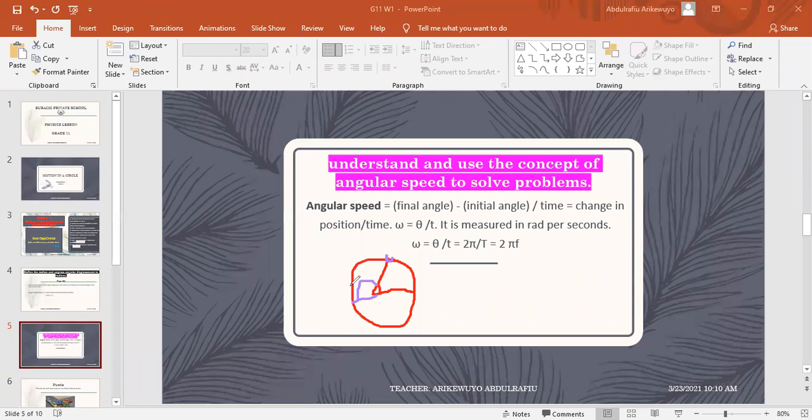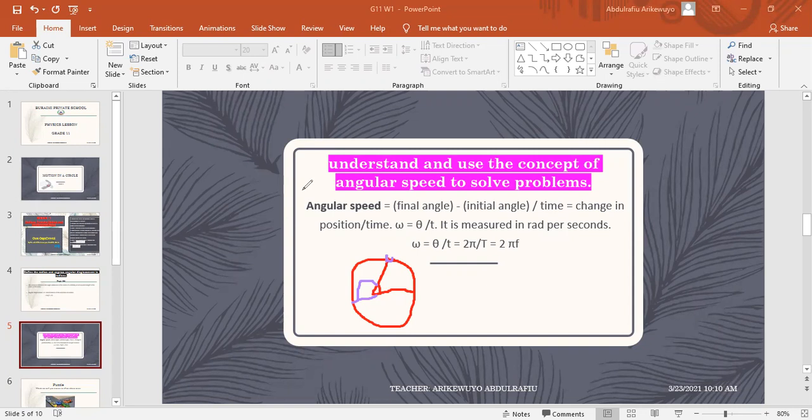So this final angle minus the initial angle divided by time is angular speed. Does that make sense to you? Are you sure you understand that?